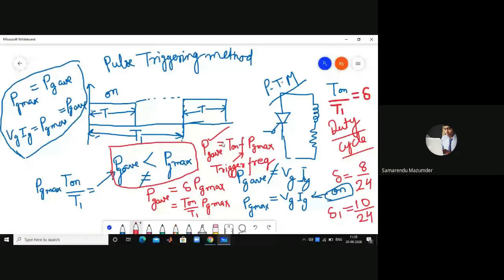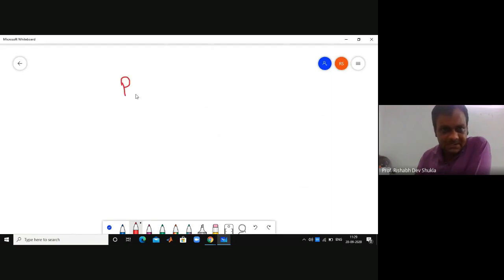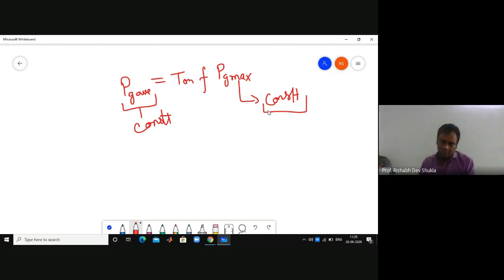There is another factor also. We are writing PG average is equal to T on, triggering frequency, into PG max. Okay, this is your relation. Now, if I take this as a constant, it is also a constant given on the manufacturer's side. The manufacturer has defined your P max. It should never be increased beyond the limit.